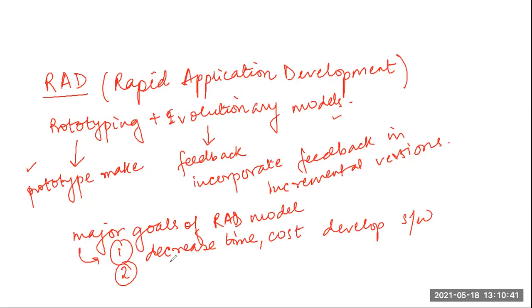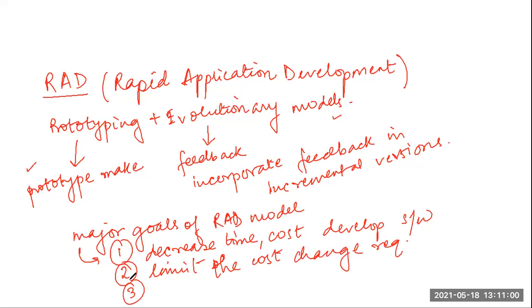The second goal was to limit the cost of accommodating the change requests. With each and every change request that needs to be incorporated, a cost is associated. So this model aimed at reducing the cost associated with accommodating the change requests coming from the feedback.